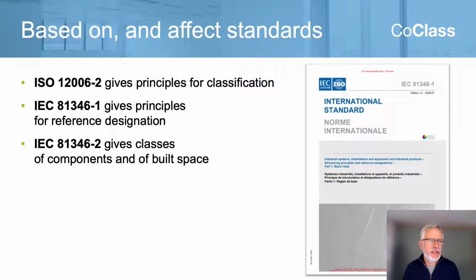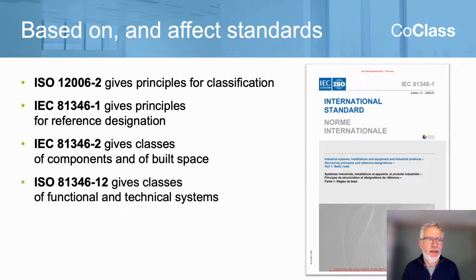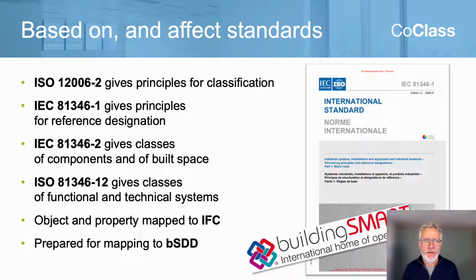IEC 81346 Part 2 have basic classes of components and built space. 81346-12 gives classes of functional and technical systems. We have the IFC standard, which is an international standard for CAD file exchange. And also we have the Building Smart Data Dictionary, which is an online dictionary where we hope to put CoClass, have it publicly available using the BSD functionality.